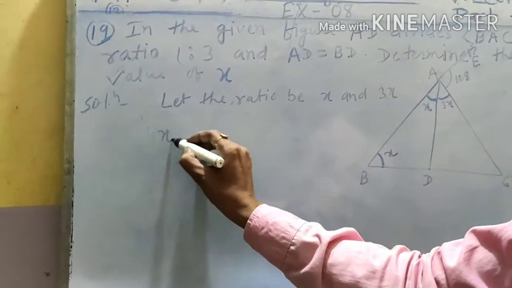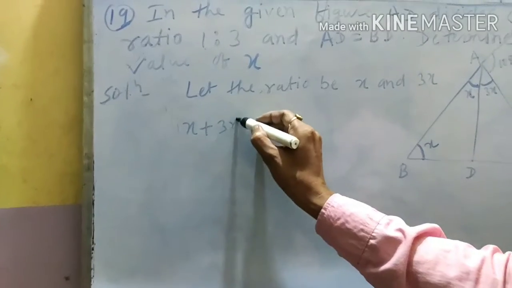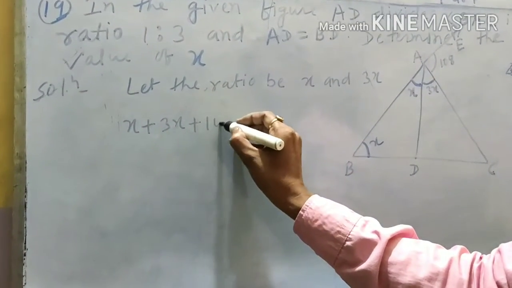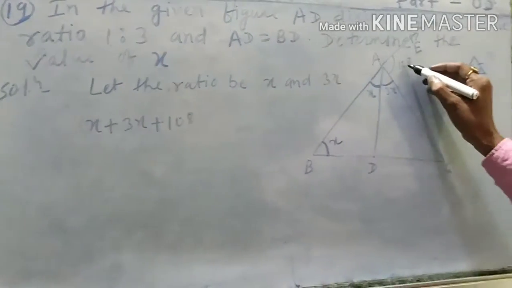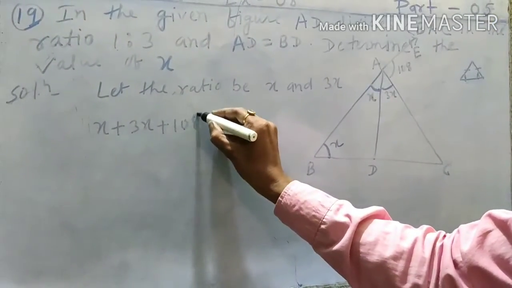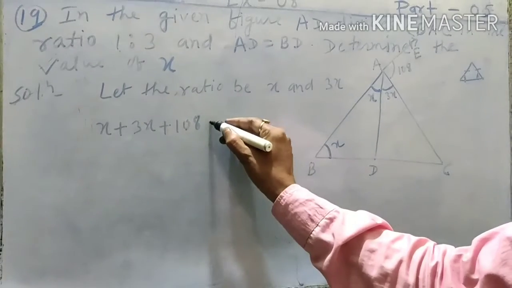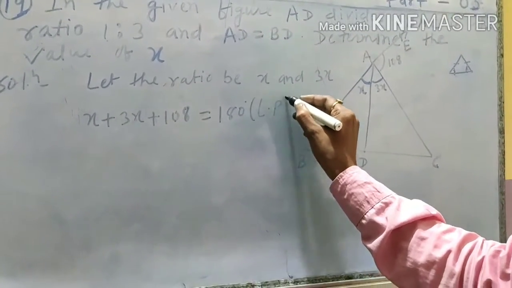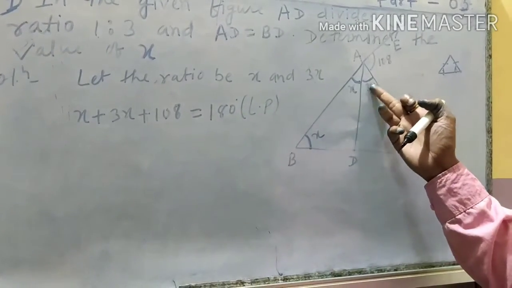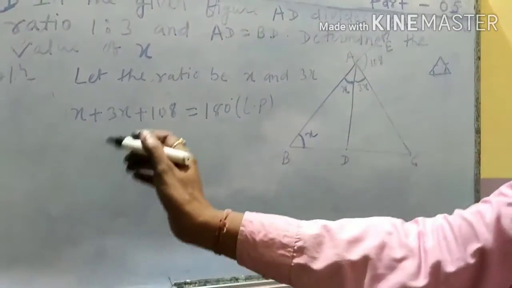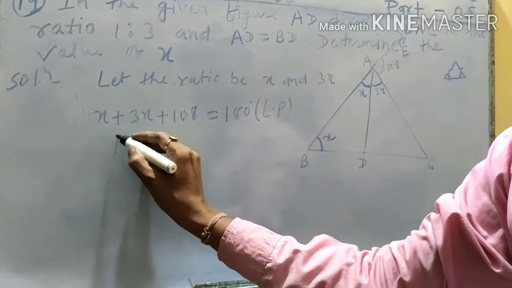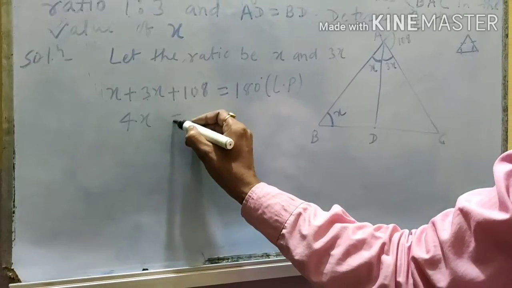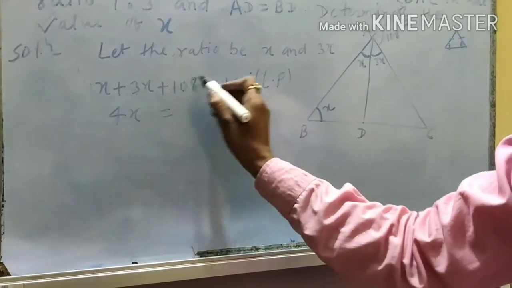Here x plus 3x plus 108 is equal to 180 degree by linear pair. The sum of three angles is 180 degree. So 3x plus x, 4x is equal to 180 minus 108.